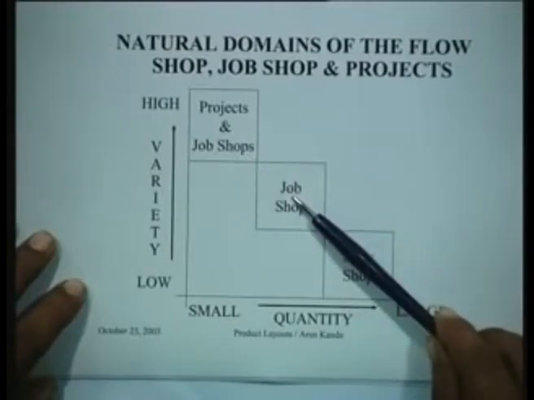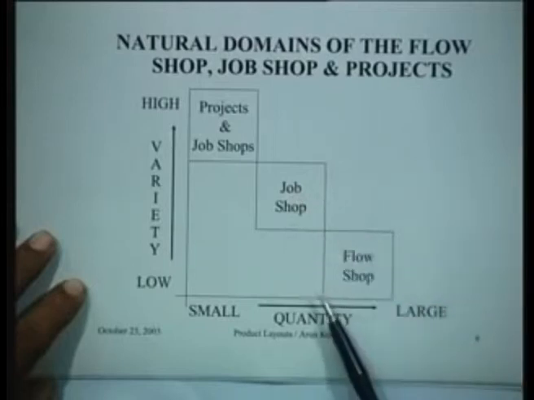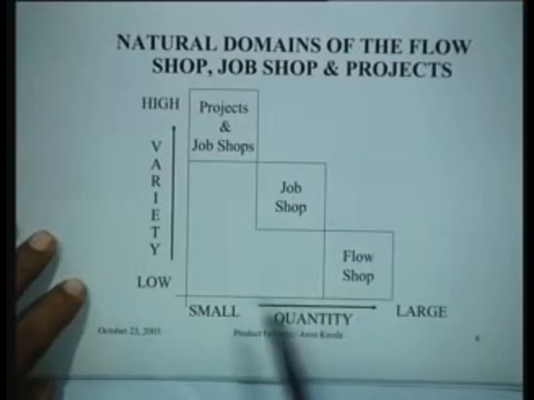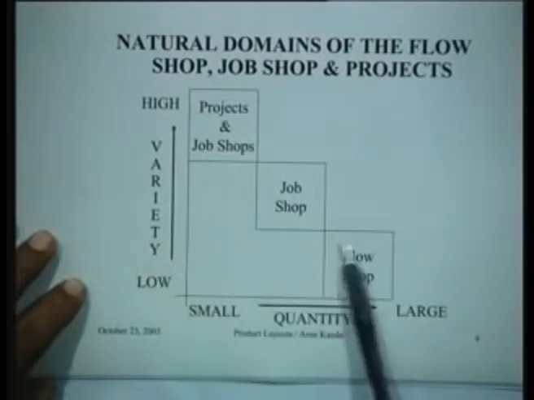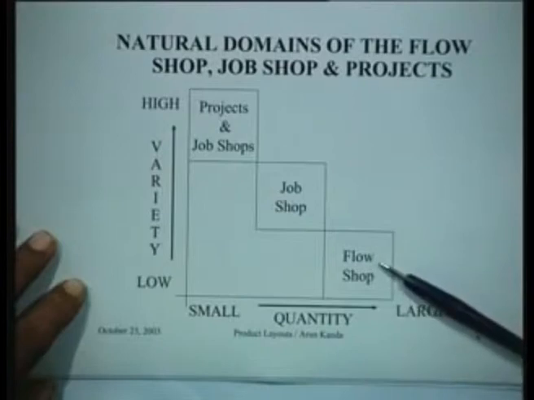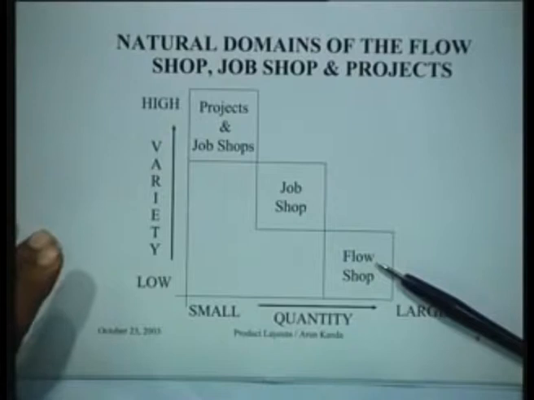spectrum here. On the other hand, if we have a situation where the quantities are large and the variety of the product is relatively low, we come to a domain that is naturally suited for a flow shop or an assembly line or mass production, in that sense, where we are basically performing the same set of operations repetitively without much change.